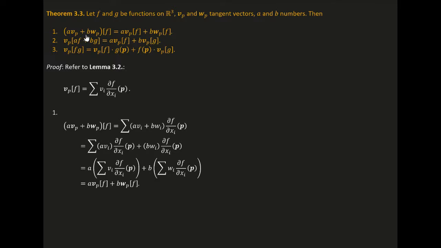We have linearity of the directional derivative in tangent vectors, and we have linearity of the directional derivative in the functions we are differentiating. And then the third is our analog to the product rule.